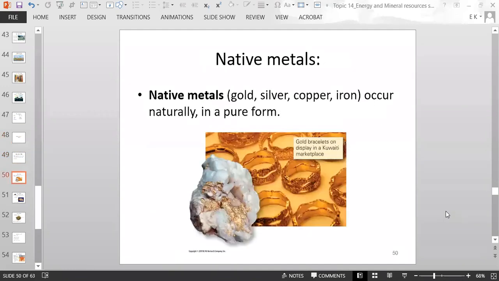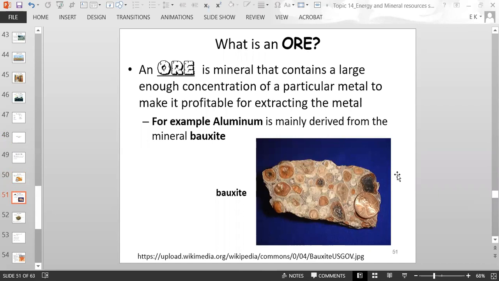So native metals, you would find gold, copper, silver, iron in its natural pure form. So here is a rock that has gold in it. You would just take out that gold and use it to make jewelry or whatever else you're going to use the gold for. So what is an ore?